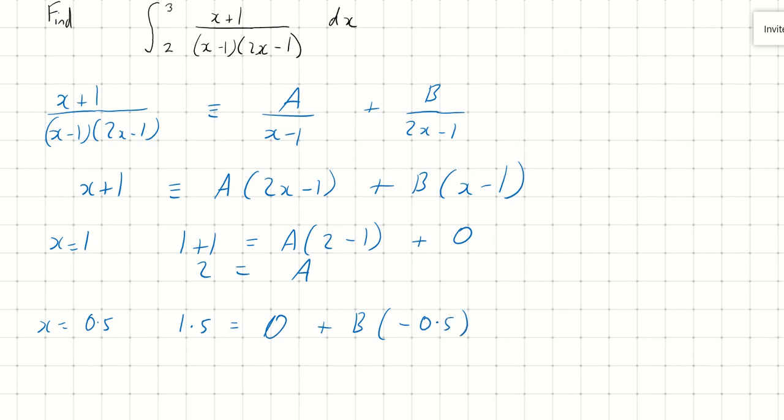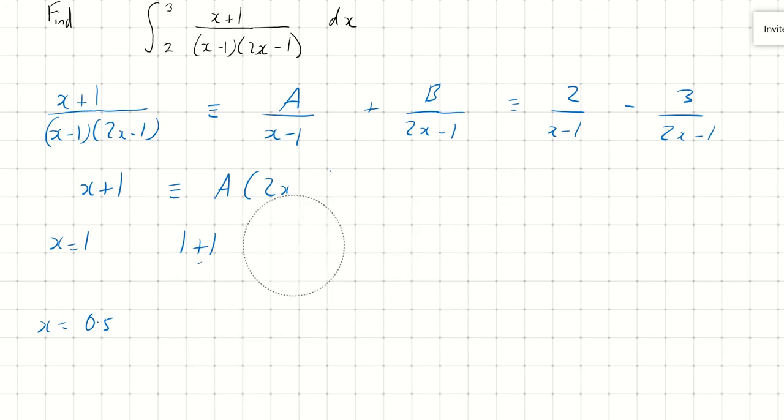So minus a half B is 1.5, so B equals minus 3. Going back to our original expression, if we substitute those values of A and B in, we can rewrite this as 2 over (x - 1) minus 3 over (2x - 1). So we've rewritten the fraction as two simpler partial fractions.